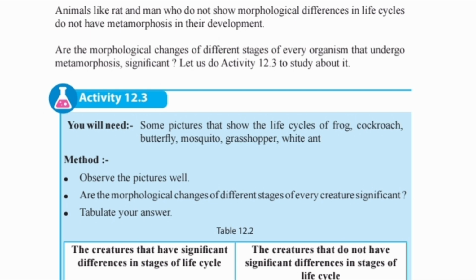The second column is the creatures that do not have significant differences in stages of life cycle. So, what are the answers? The first column answers are butterfly, mosquito, frog. The second column answers are cockroach, grasshopper, termite.